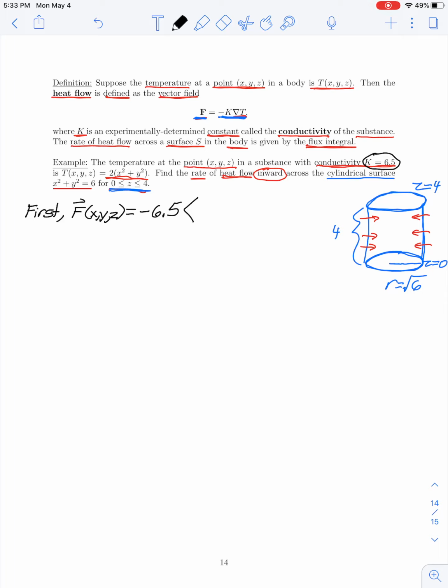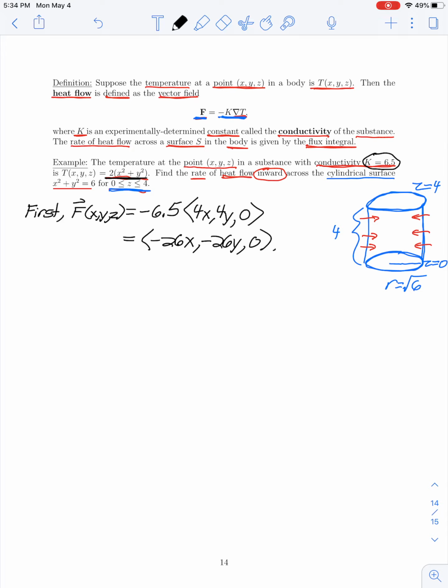The gradient of 2 times x squared plus y squared would be 4x for the partial with respect to x, 4y for the partial with respect to y, and 0 for the partial with respect to z. So this simplifies, if we distribute our negative 6.5, to negative 26x, negative 26y, and 0.